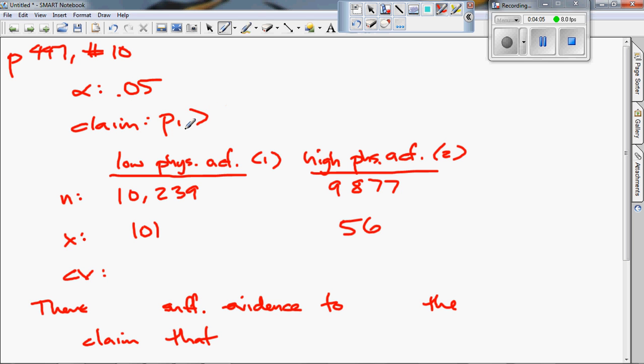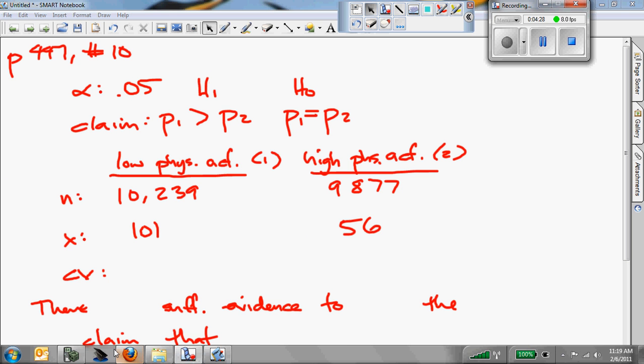The lower level is greater than, the rate of coronary heart disease is higher for women with lower activity. Alright, so the opposite of this would be P1 is equal to P2. Alternative hypothesis, null hypothesis. Here we go.